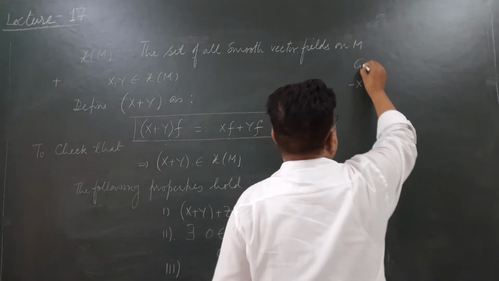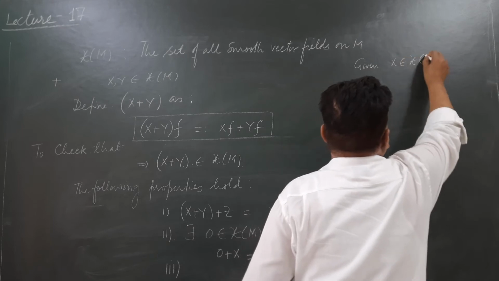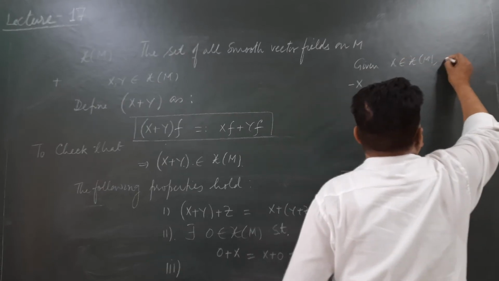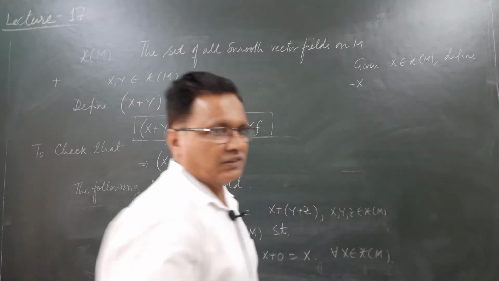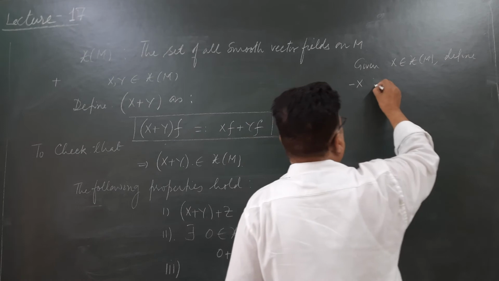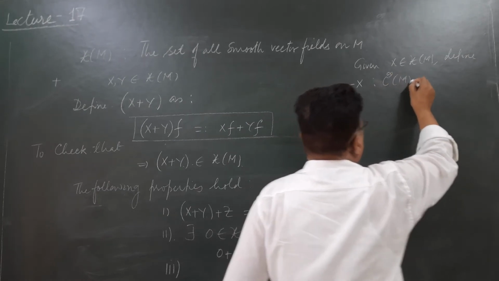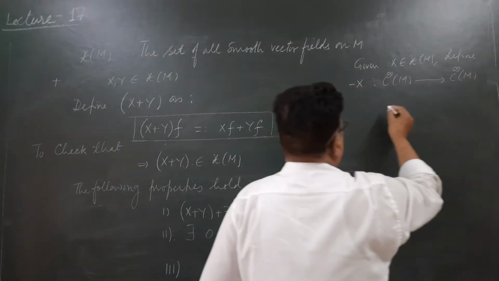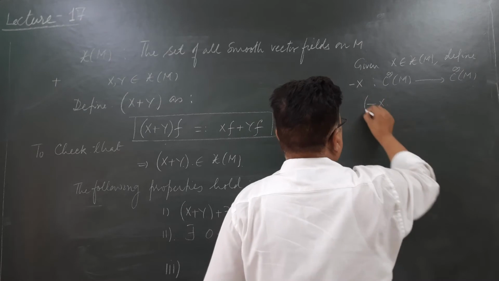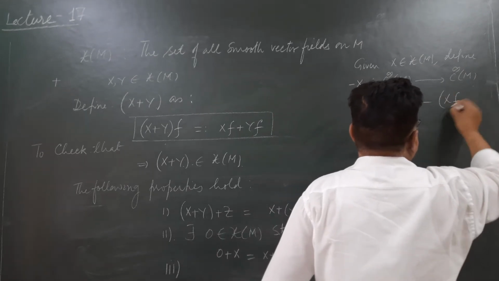So given x in chi m, we define minus x as follows. I define it as a map from C infinity m to C infinity m. And it works like this: minus x operating on f equal to minus times xf.